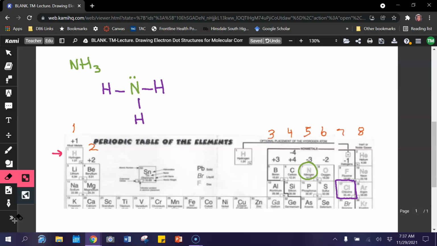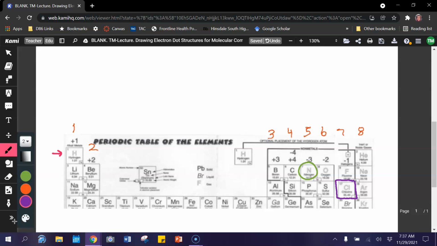Sometimes, however, you're going to have atoms that share electrons, maybe not just in a single bond, but in a double bond. Ooh, I feel like I erased that a little bit prematurely, so let me just redraw my ammonia there.